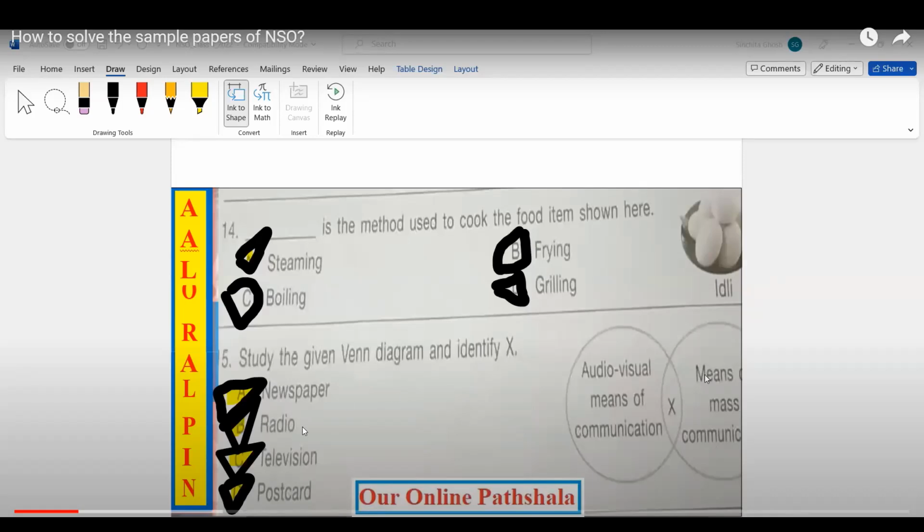Okay, ma'am. What is happening in the next question? They are asking about X. So X is both audio and visual. So we can only use television for both audio and visual. Why? We can hear from the television as well as we can see it, and in the radio we can only hear it, but we cannot see the radio. We cannot see the news in the radio. In case of postcard, we can only see or read from a postcard, but we cannot see the news in a postcard, neither can we hear from it.